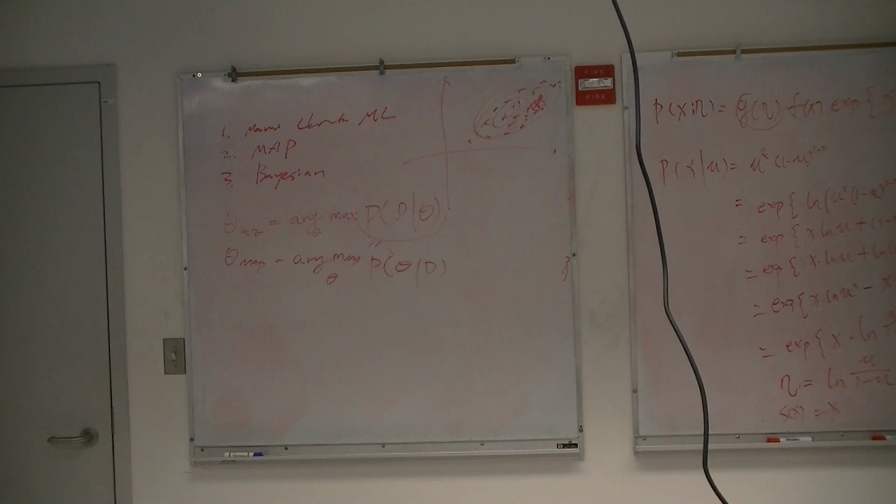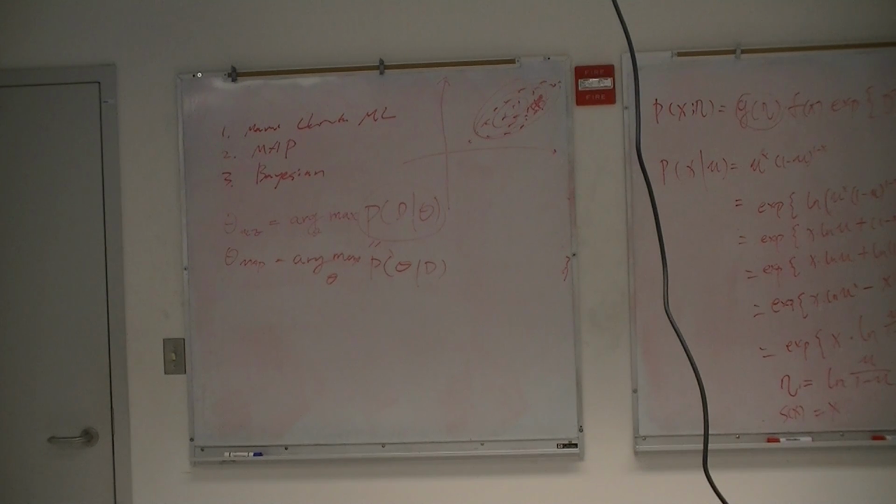We take the exponent from both sides, exp eta is equal to mu over 1 minus mu. So we multiply this to this side: exp eta minus mu exp eta is equal to mu.